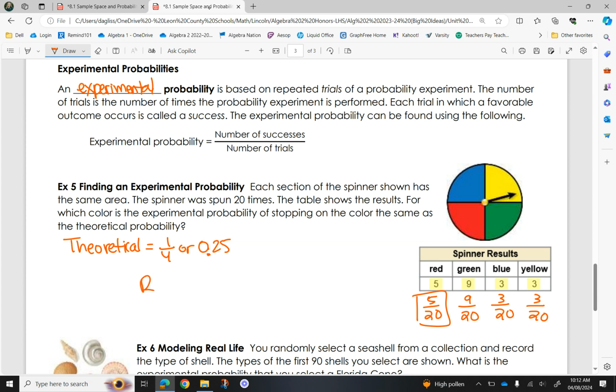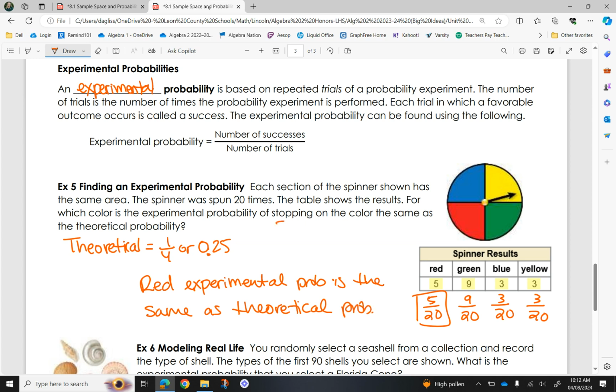So red experimental probability is the same as the theoretical probability, because 5 over 20 equals 1 over 4. So they are the same.